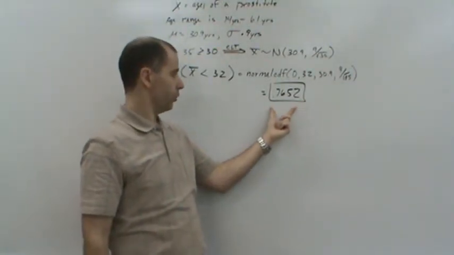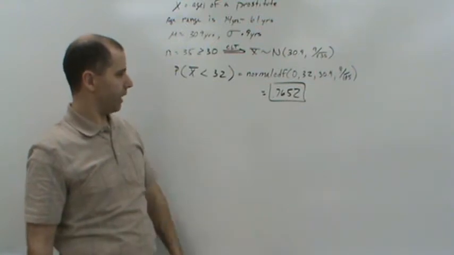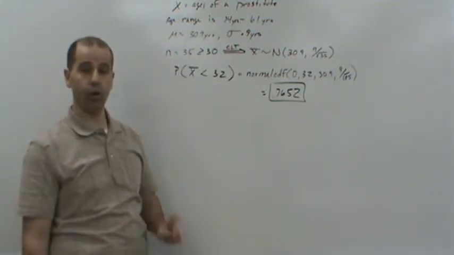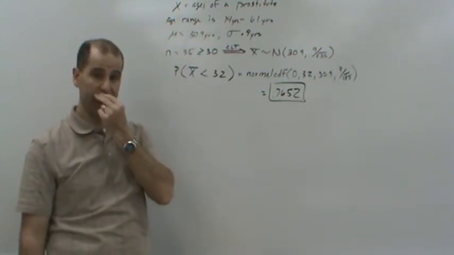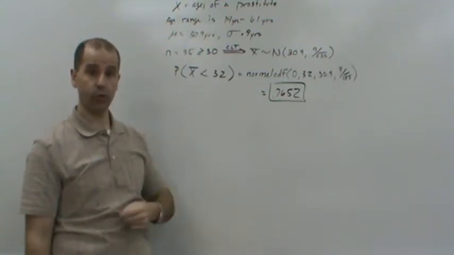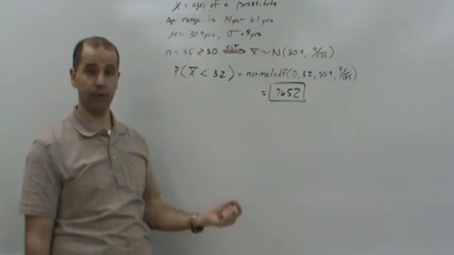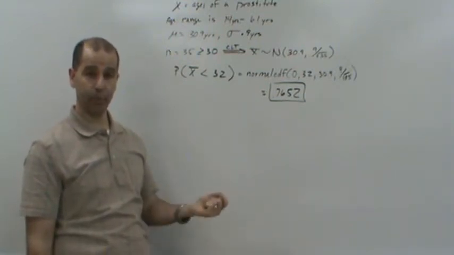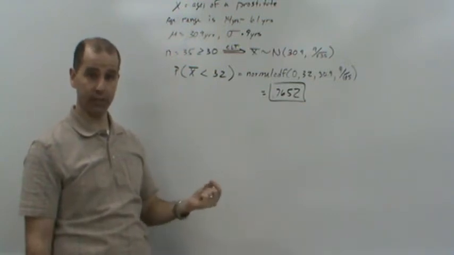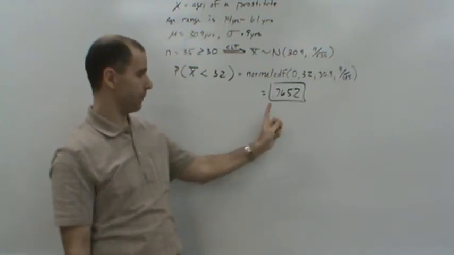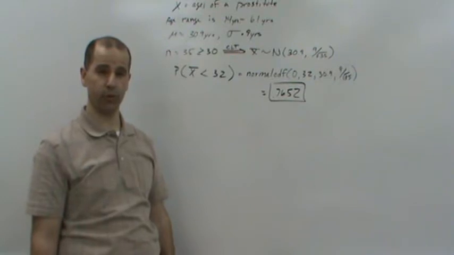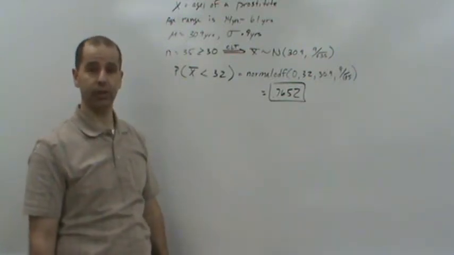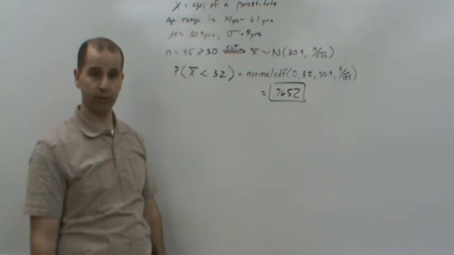Or in other words, if we took all of the possible samples of size 35 and calculated the sample mean for all of those samples, we would expect that approximately 77% of them would have average ages of less than 32 years of age.